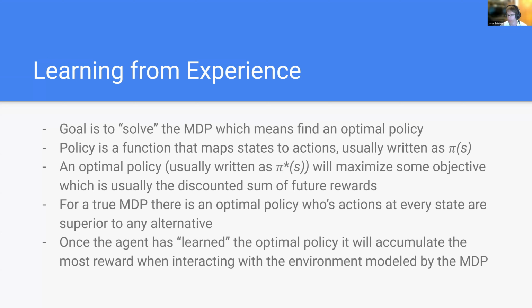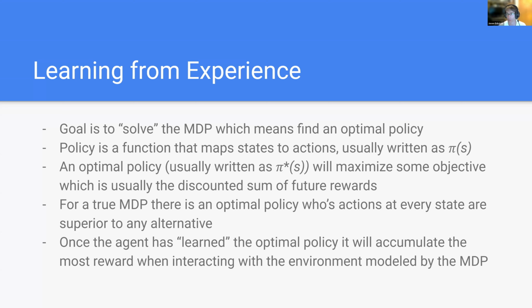You can prove that for any of these problems an optimal policy exists. And that optimal policy will produce the greatest future rewards at any given state that you're in. Following that optimal policy will produce the most future reward, and that is true for every state. So it's truly like a global optimum.